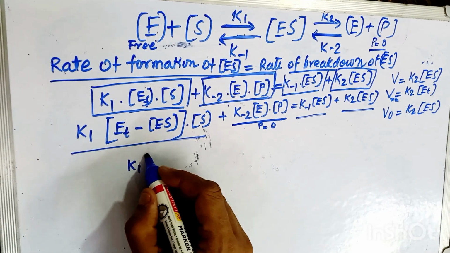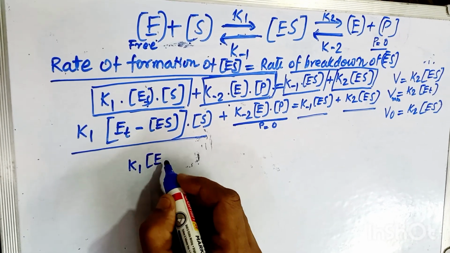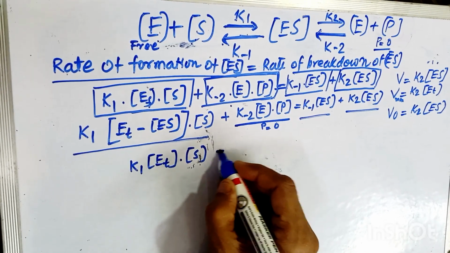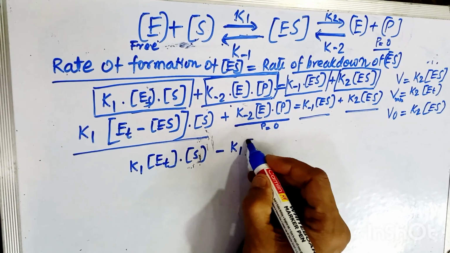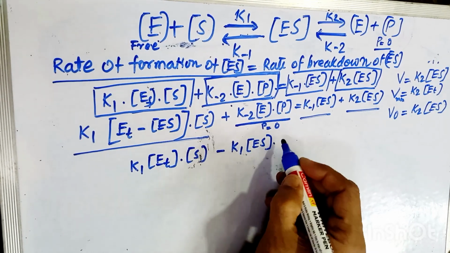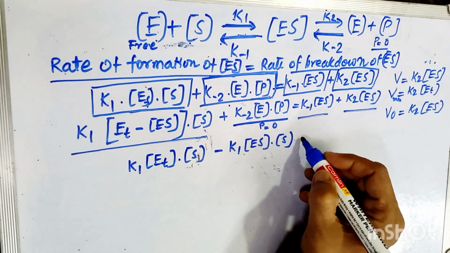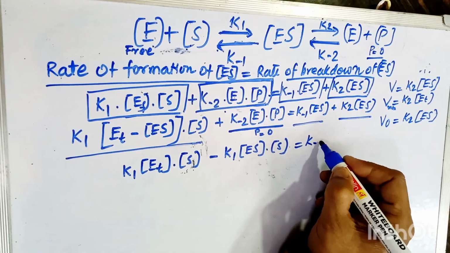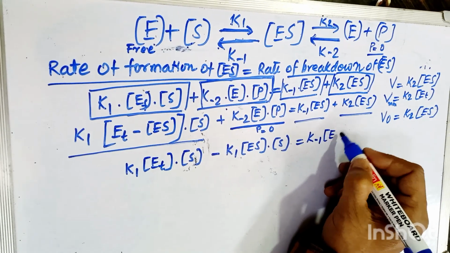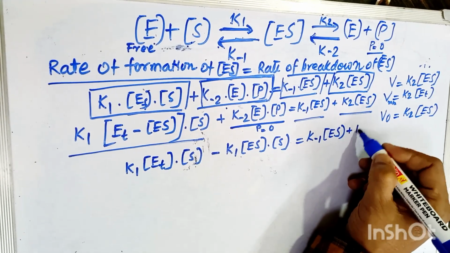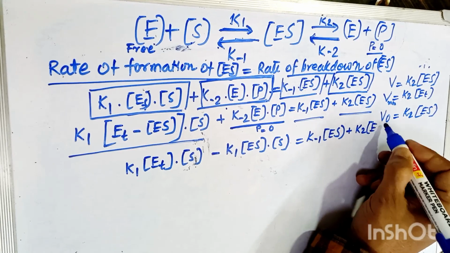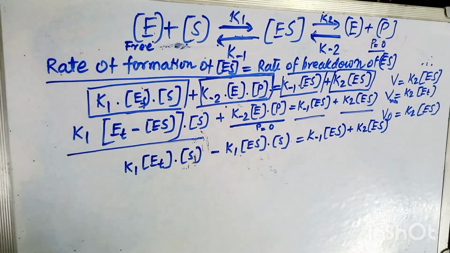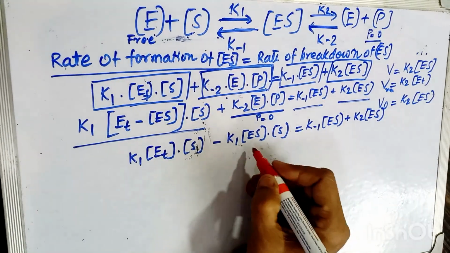K1 into ET into S minus K1 into ES into S equals, I ignored this part, K minus 1 into ES plus K2 into ES. So I have ES in these three terms. Here I have ES.